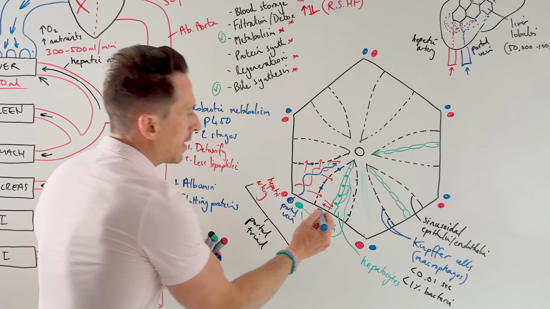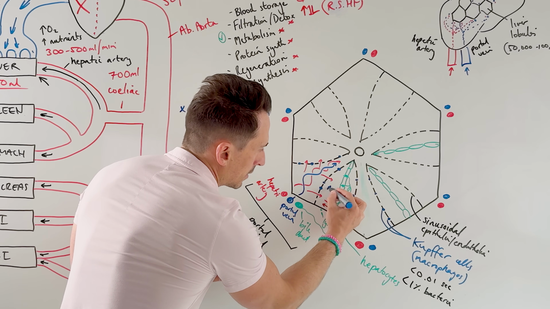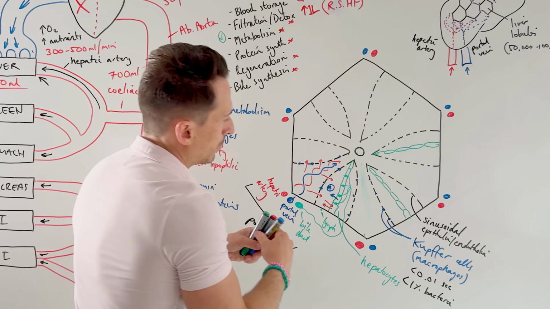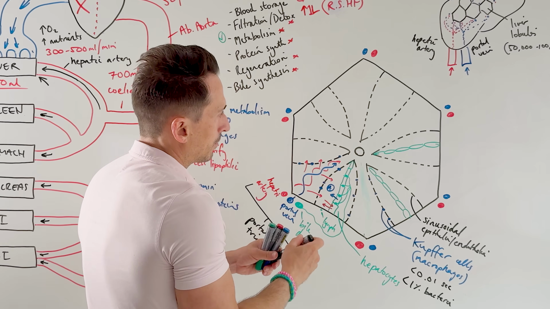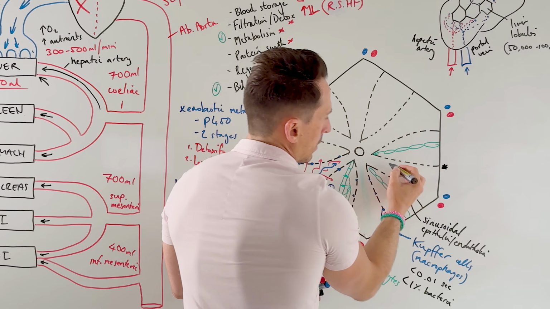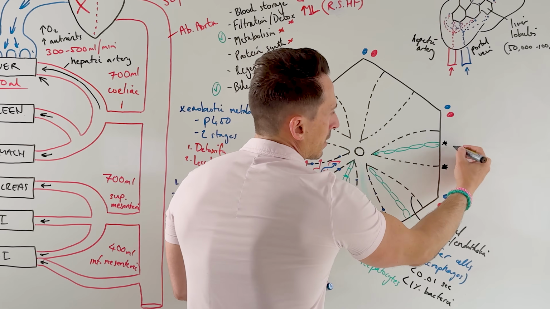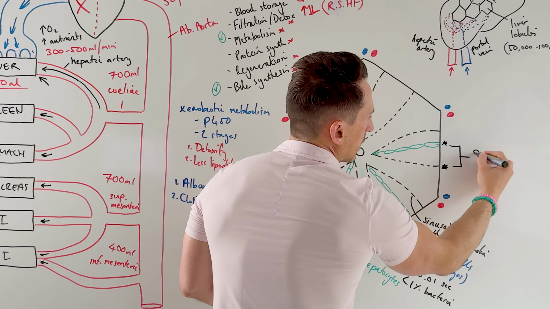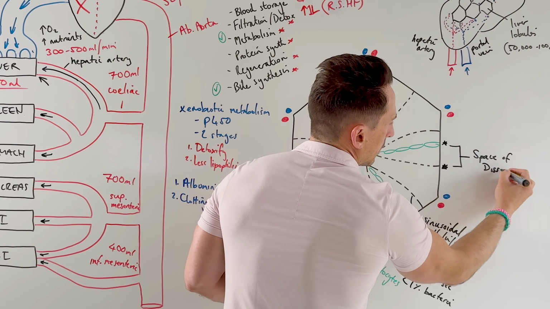So let's say these hepatocytes produce albumin. It will dump it here into this space. Now, I haven't actually told you, but this space here, right? So the space between the sinusoidal endothelial cells and the hepatocytes, this space here is called the space of Disse.